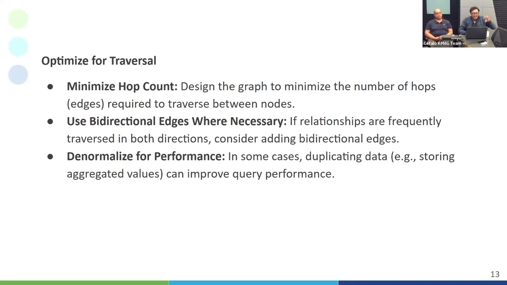But if the dataset is larger, this hopping can cost many request units. So here we can store those aggregated values on the salesperson node so that we can improve query performance. Actually, this is one sample case. We have to apply these based on our situation, on what our application demands.